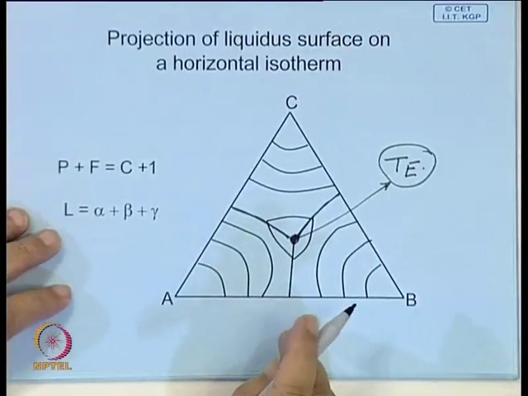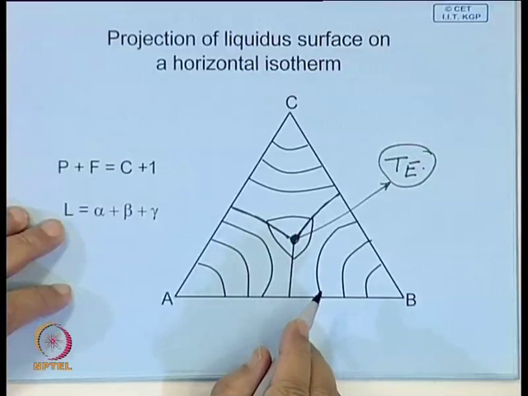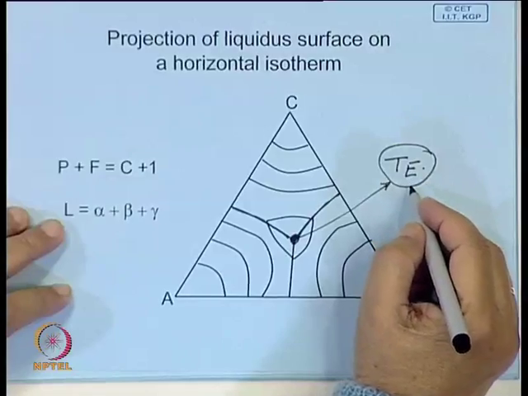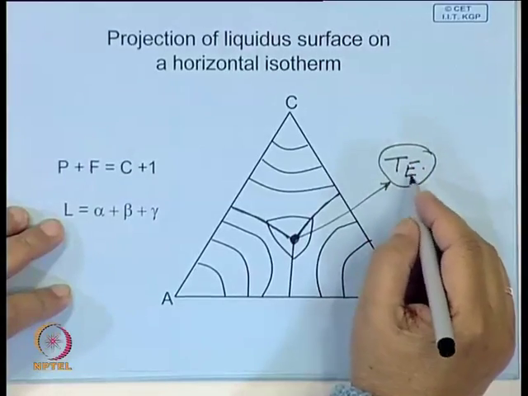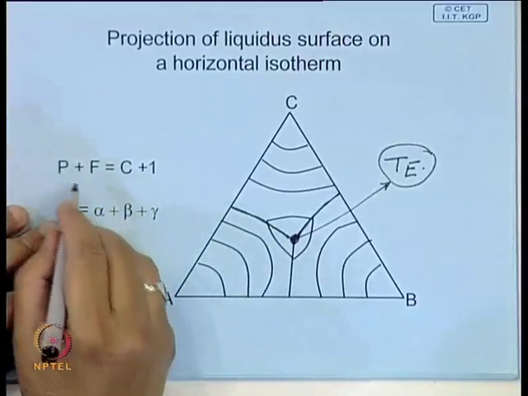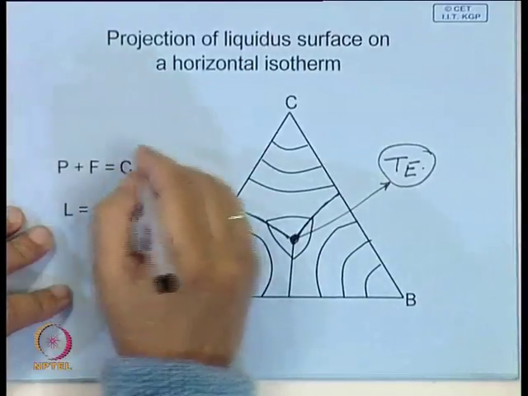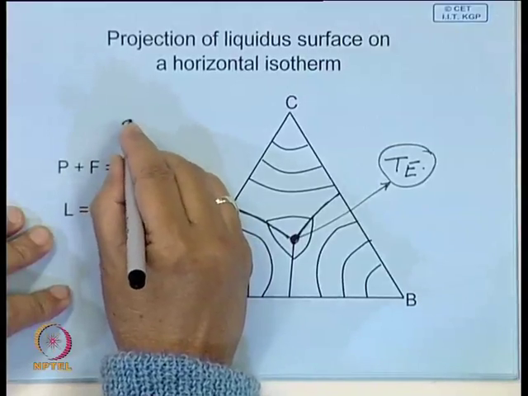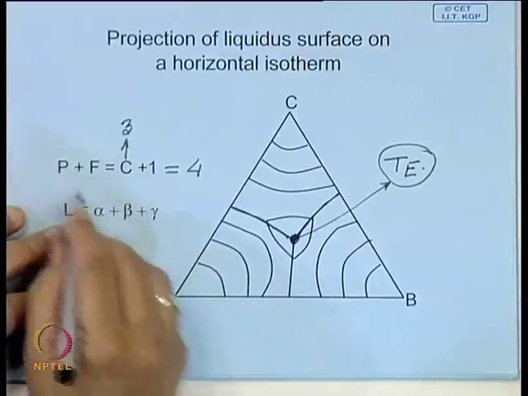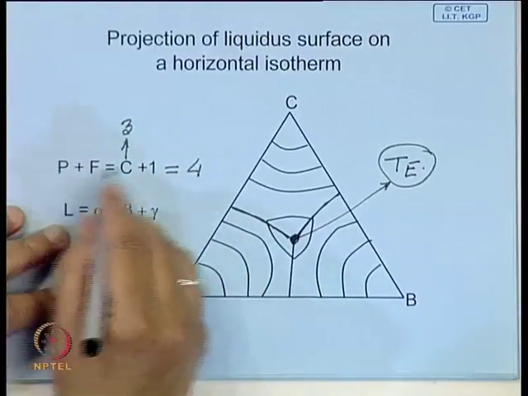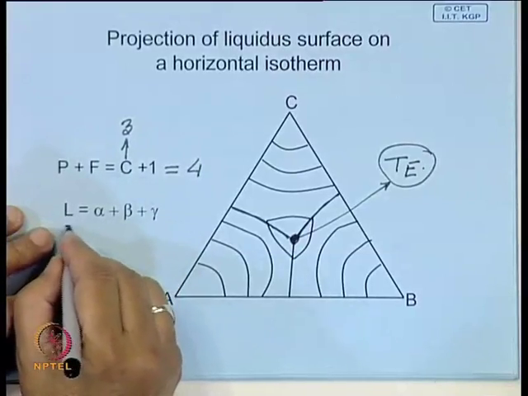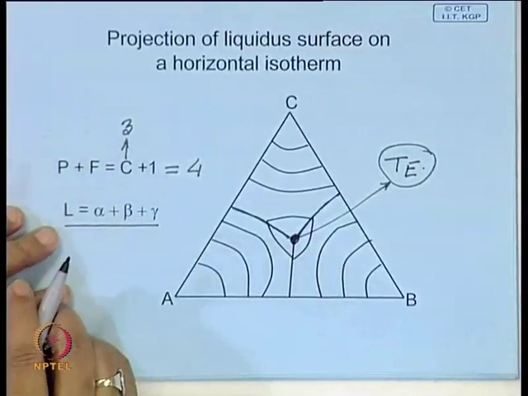Now, in a ternary eutectic, this will take place at a definite fixed temperature and the compositions of alpha, beta, gamma will be fixed. Let us see what you get if you apply the phase rule. Here the number of components is 3. So, this is 4. Now, how many phases are in equilibrium? When this eutectic reaction takes place, 4 phases are coexisting.